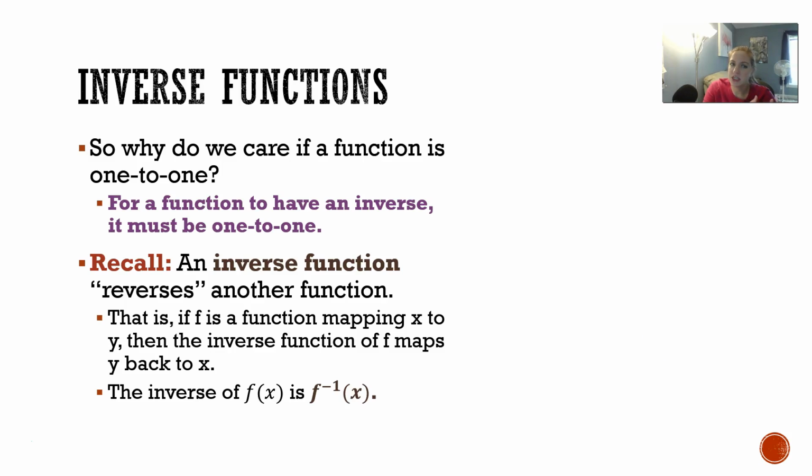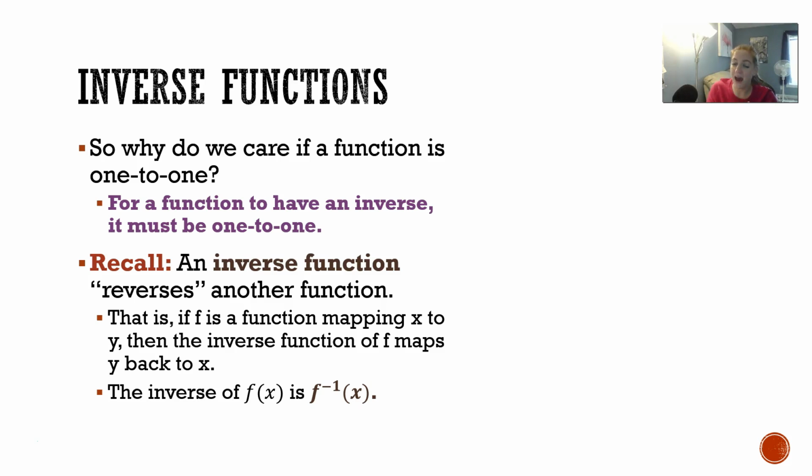So just to recall, we talked about this a couple weeks ago, an inverse function basically reverses another function. So that is to say, if we're mapping x to y in one function, the inverse is going to take the y value and then map it back to x. So we're going backwards. And the notation for the inverse function is just the function name.